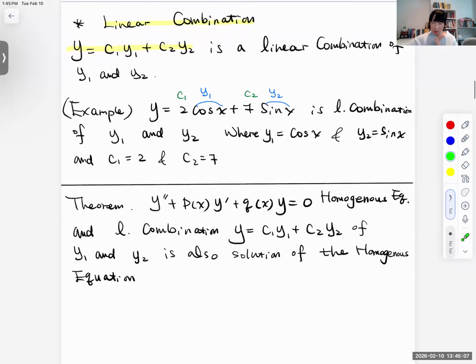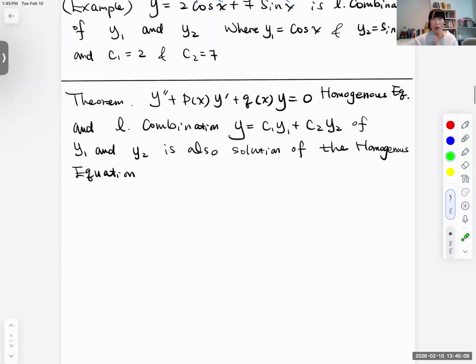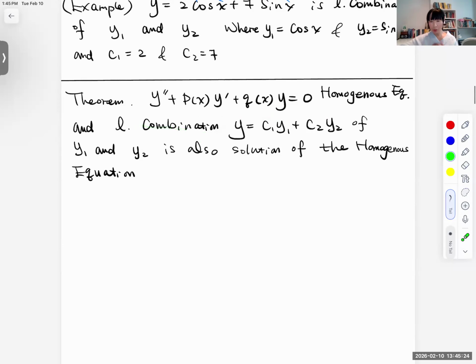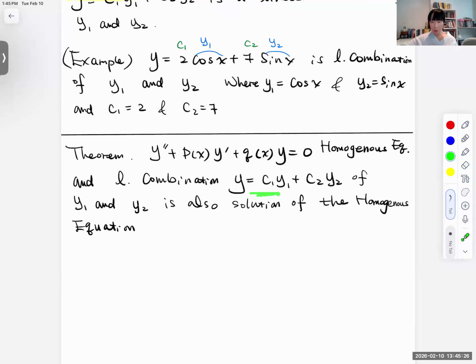Now, we have y second prime plus p of x y prime plus q of x y equal to 0, which is a linear second order differential equation, a homogeneous equation, right? And the linear combination form, which we just had, y equal to c sub 1 y sub 1 plus c sub 2 y sub 2.